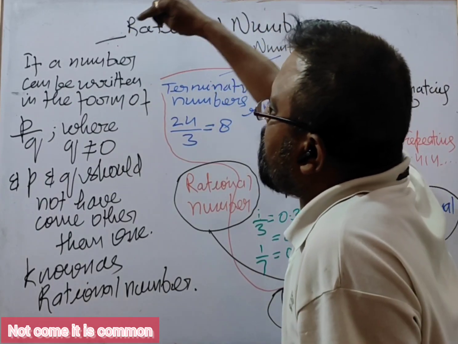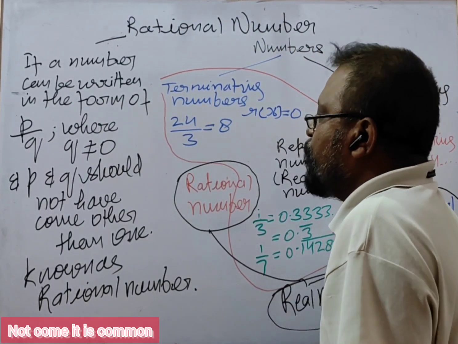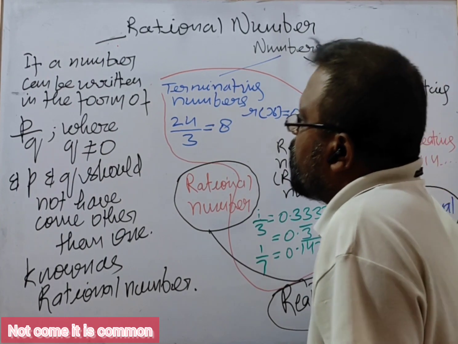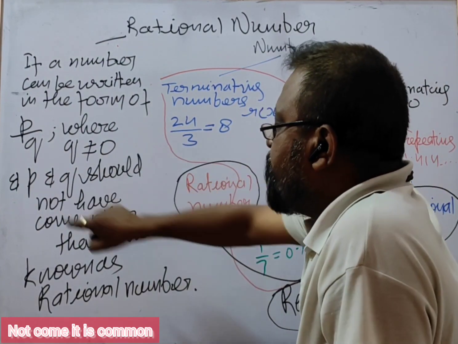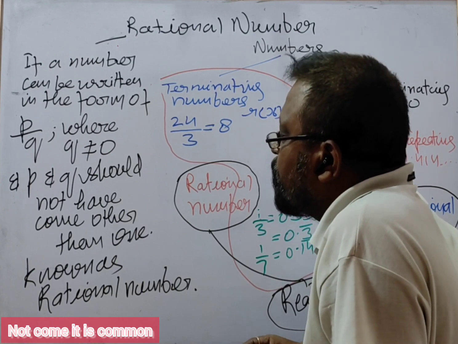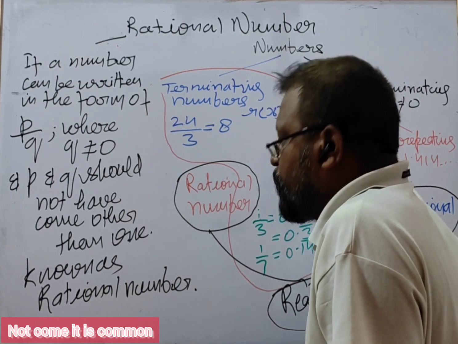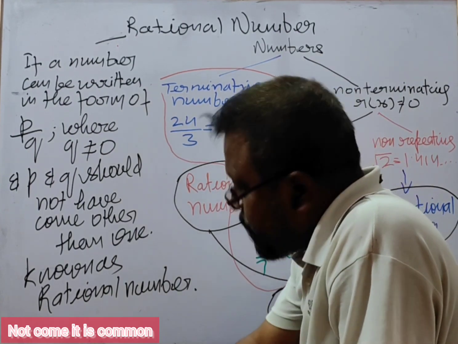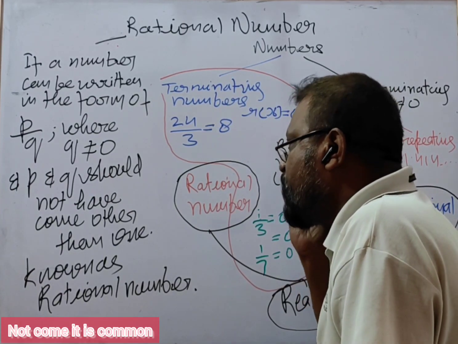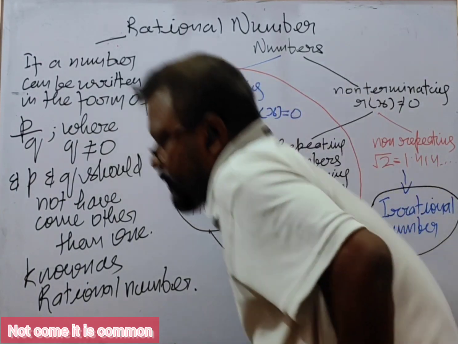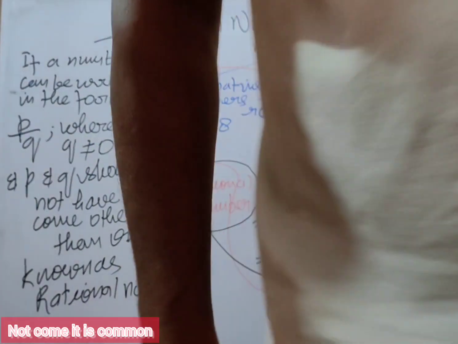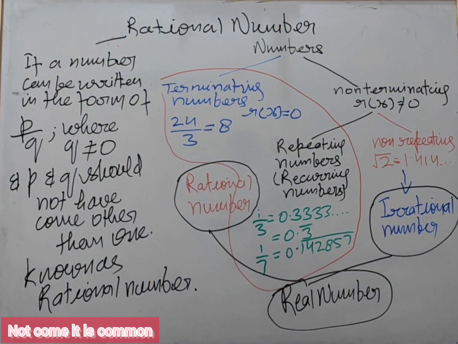If a number can be written in the form of P upon Q, where Q is not equal to 0 and P and Q should not have a common factor other than 1, it is known as a rational number. I hope now rational number is clear to you to some extent. I hope I told you all aspects of rational number.